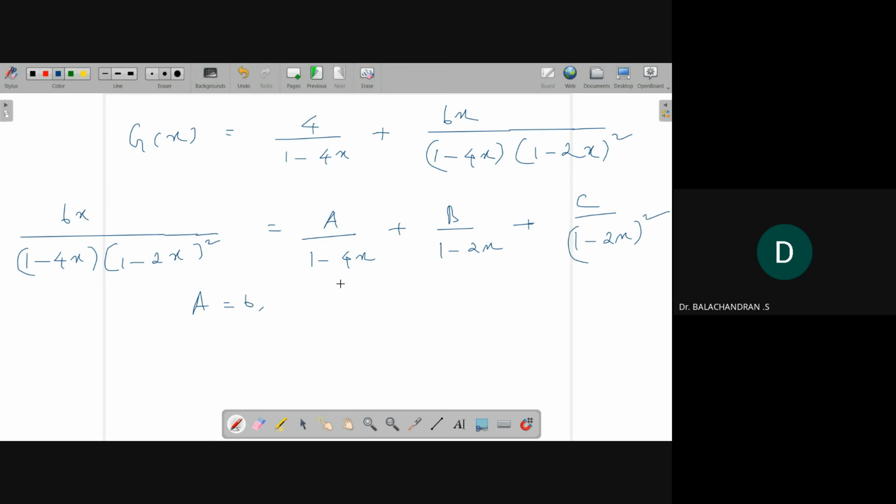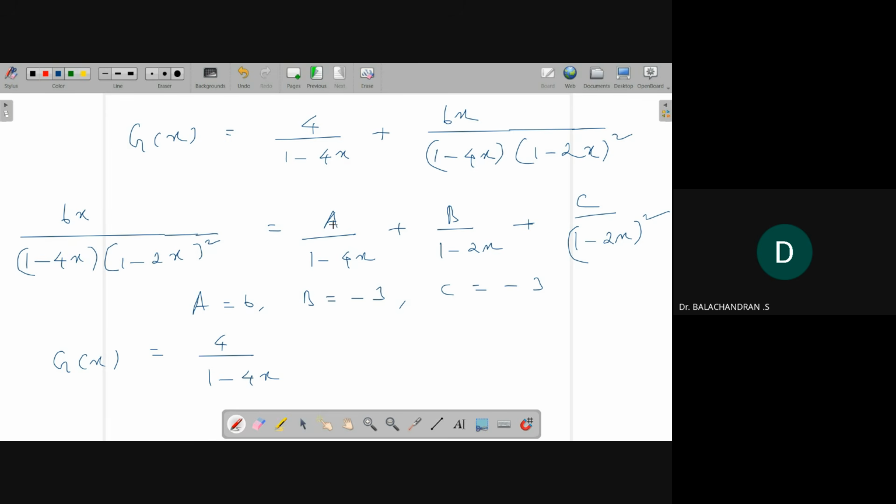A is 6, you can check it. B is minus 3. C is minus 3. Okay. So now g of x is equal to, already here, this is the first term, 4 by 1 minus 4x.